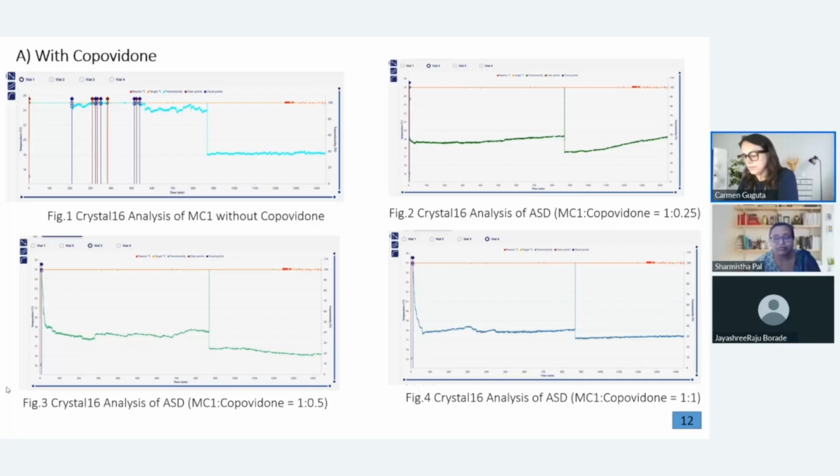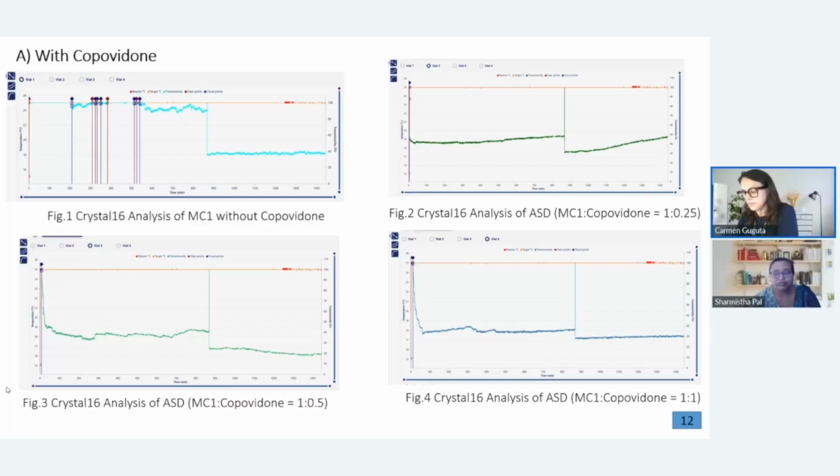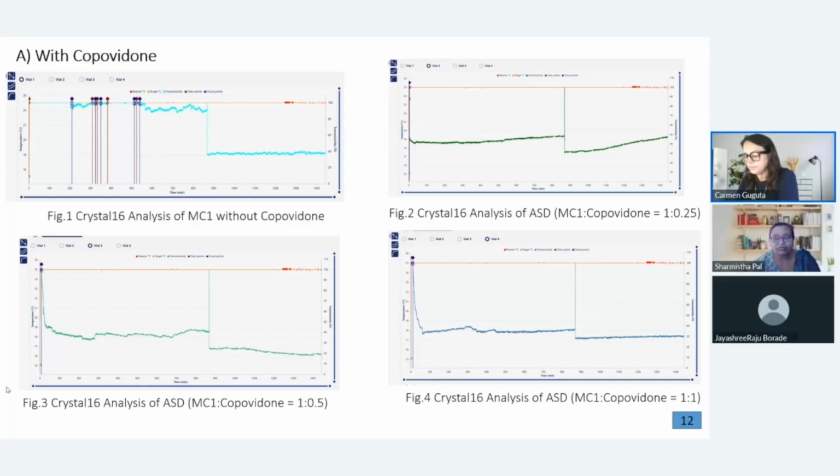You can see the red line indicates the temperature, which is maintained constant throughout the experiment to ensure controlled conditions. The light blue line represents percent transmission, which reflects the clarity of the solution and is directly linked to the crystal formation. This is the most important curve.